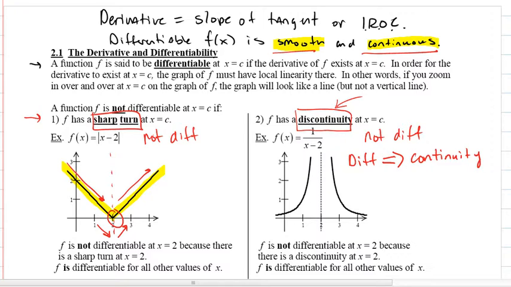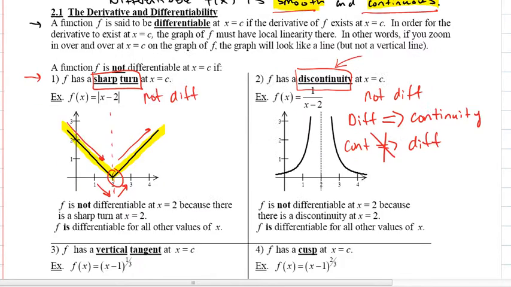But you cannot say it the other way around. You cannot say continuity implies differentiability. Take a look at example number 1. That's a perfect example. We have a continuous graph, but it's not differentiable because of the sharp point.